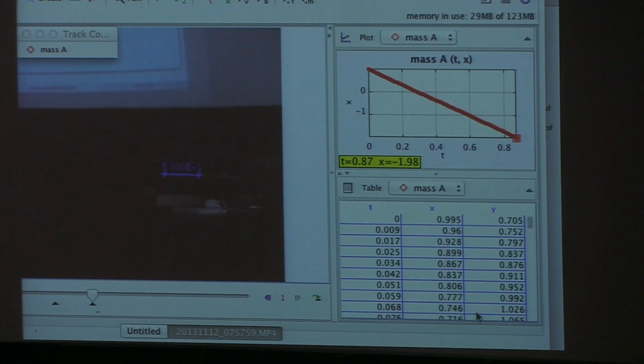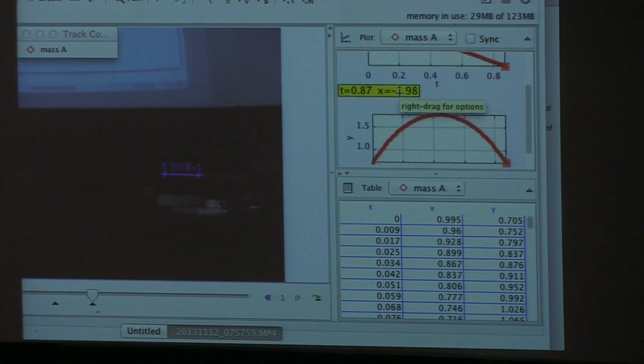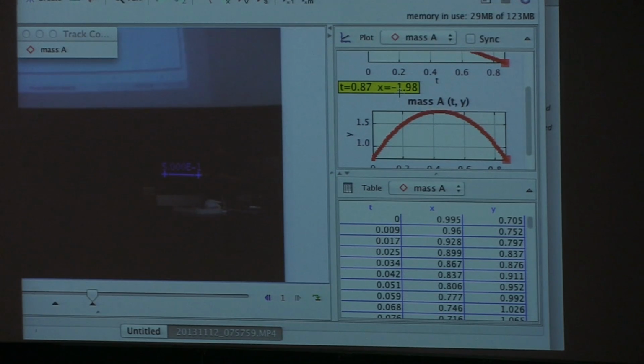The x position and the y position, there you see how x changes as a function of time. So you see that the x coordinate started at 0, the initial point was defined as 0. It starts at 1 and it went until -2 more or less. And you see that it's a straight line, it's a motion with constant velocity, almost. And this is the y coordinate, how the y coordinate changes as a function of time. So you see it's almost a parabola. Now from this parabola we can also calculate the acceleration, the average acceleration, let's say.